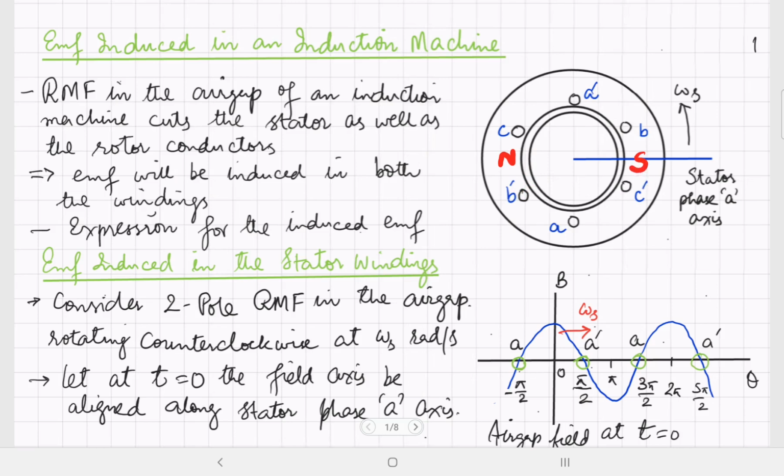Now, since the magnetic field is sinusoidally distributed in the air gap, the magnetic flux density can be plotted as a function of the space variable theta as shown in this figure. The magnetic flux density varies sinusoidally, and along the stator phase A axis, the magnetic flux density is maximum initially.